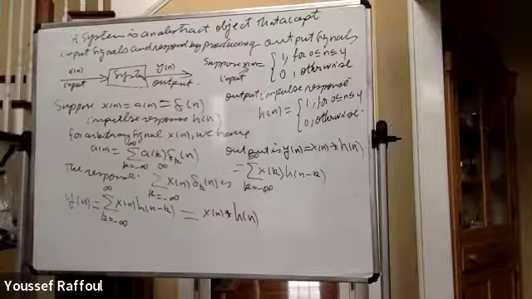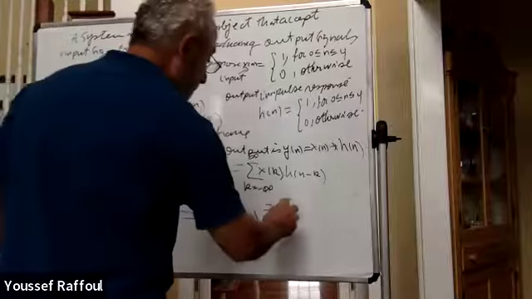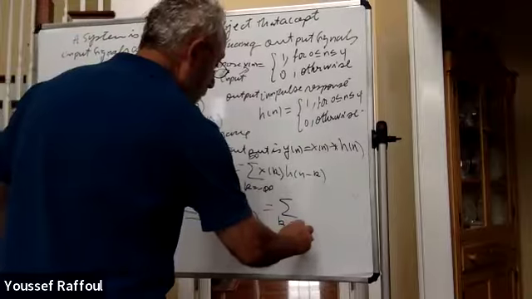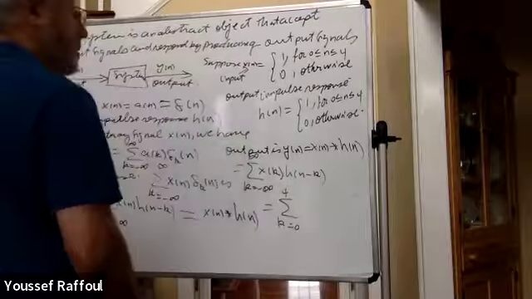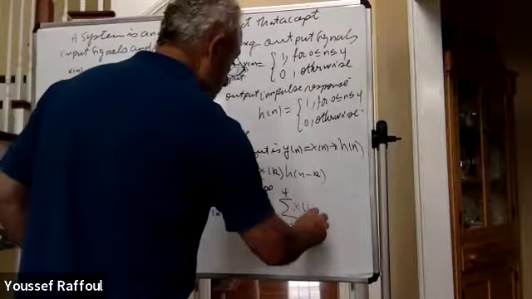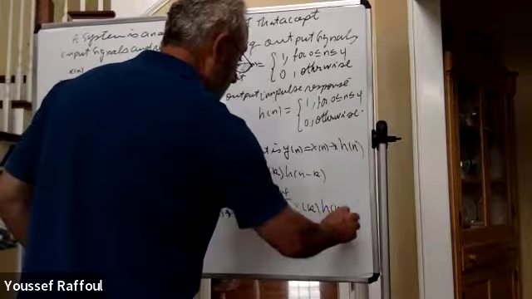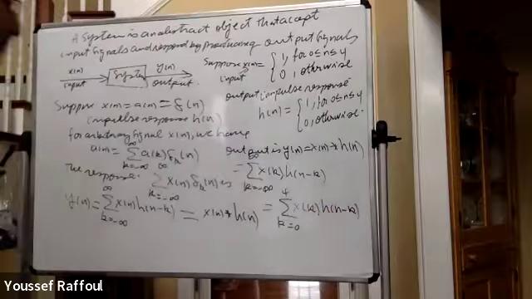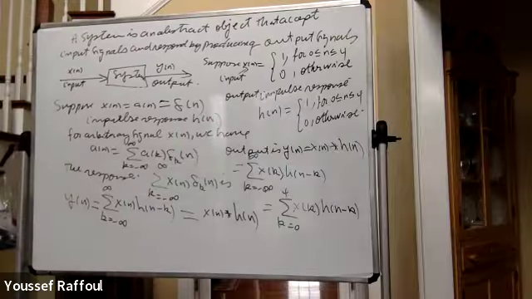Well, this is only good from k equals 0 to 4 of x(k) h(n minus k), right? Okay.